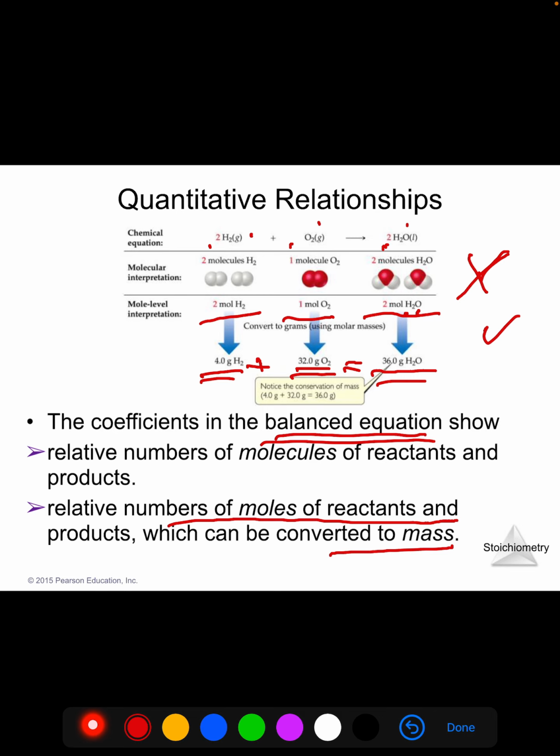So those are the simple, really small whole number ratios we're talking about that are going to be very helpful, because I could ask, for example, if I have 10 moles of hydrogen, how many moles of water can I make over here? And I would need my mole ratio. I know for every 2 moles of hydrogen I have, I make 2 moles of water. So if I start out with 10 moles of hydrogen, I'll make 10 moles of water. That's where we're headed.